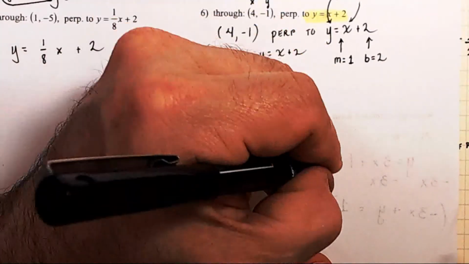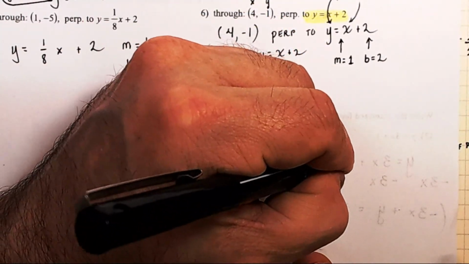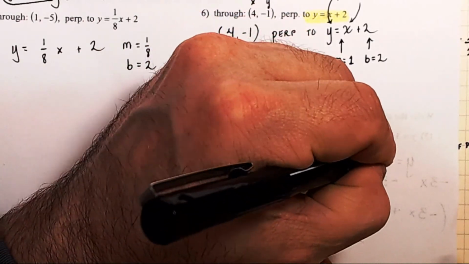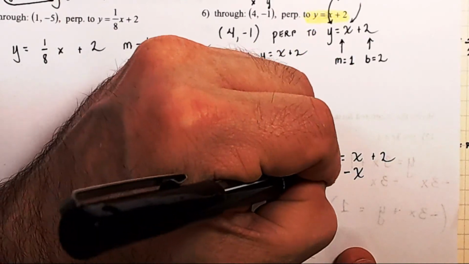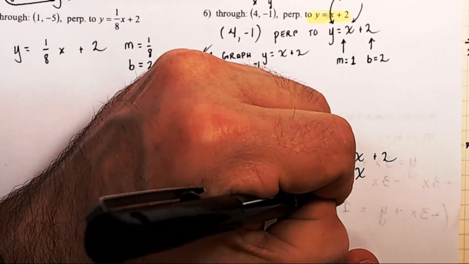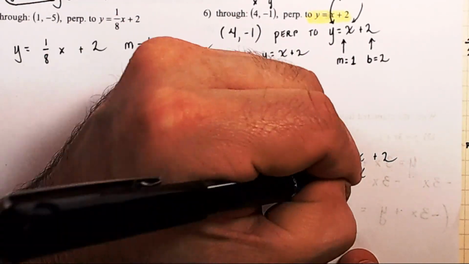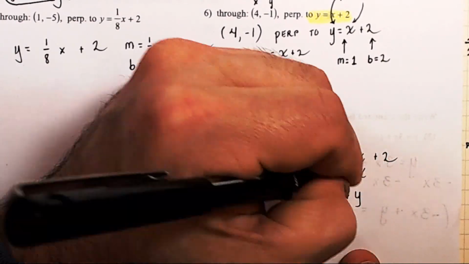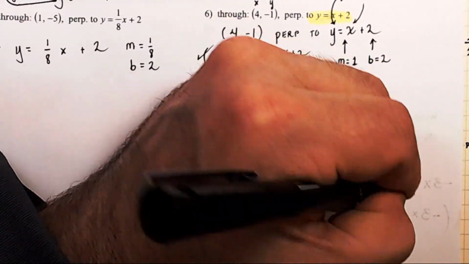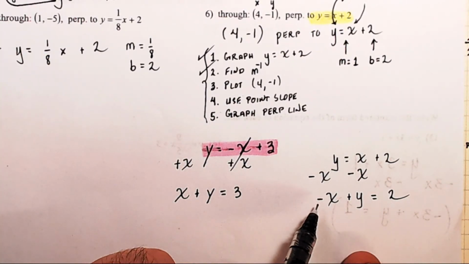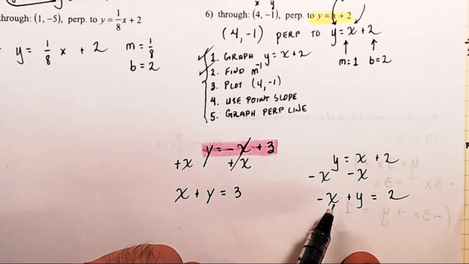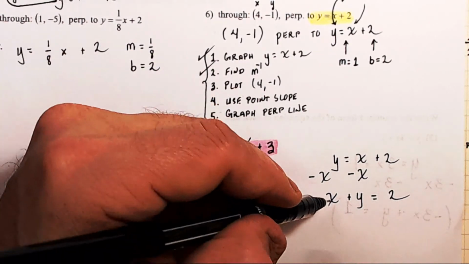Standard form for the original line, we were given y equals x plus 2. So we could subtract x from both sides. And now we have minus x plus y equals 2. Now sometimes books want you to get rid of the negative sign, but this is really standard form.